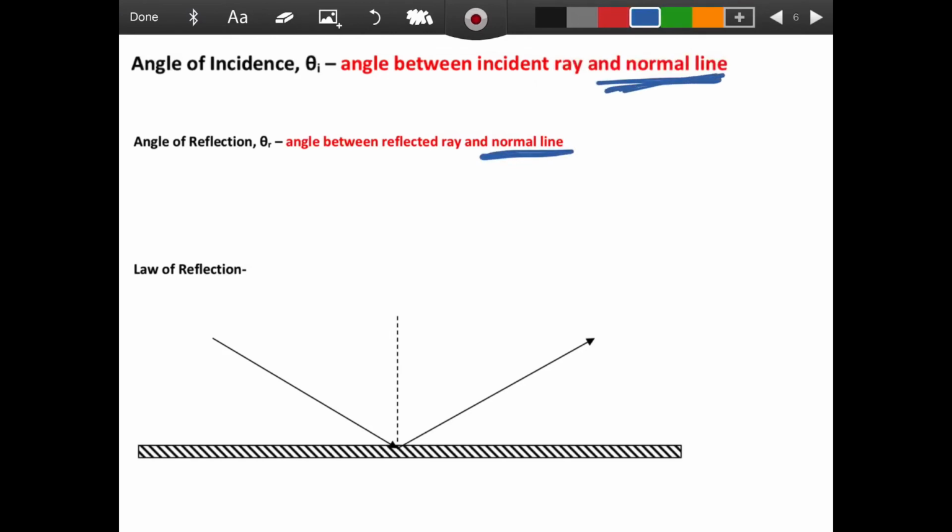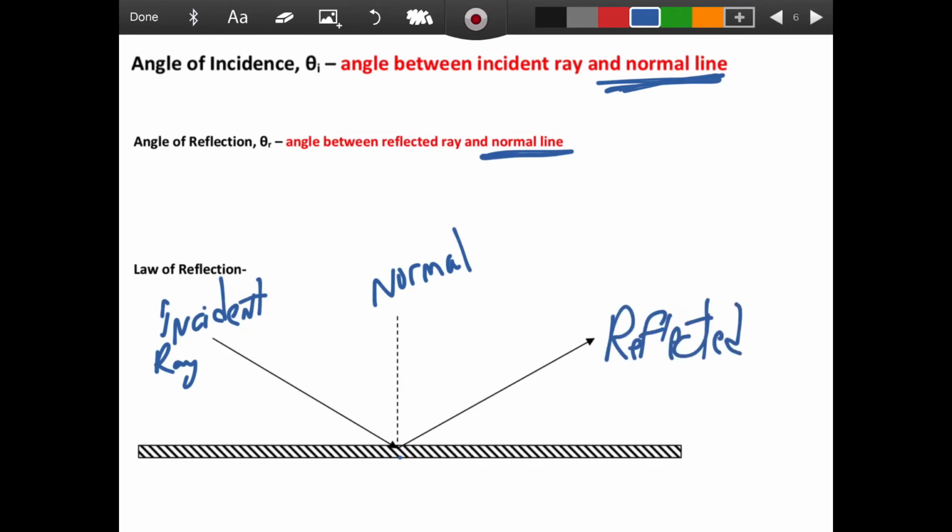And the normal line, again, is this imaginary line right here, which I'll label. Remember, the incident ray is the incoming ray, so this will be the incident, and this will be the reflected.